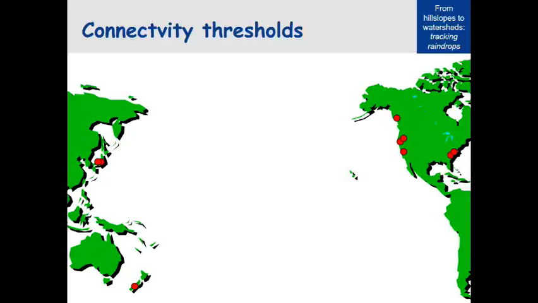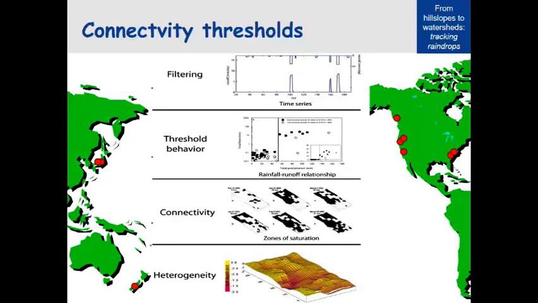And in all of these sites, what we found was really something quite similar in terms of sequence. We have a kind of a soil bedrock interface of sorts that leads to patches of saturation, and when you get connectivity, you see a kind of threshold-like behavior and release of water and solutes from the slope.